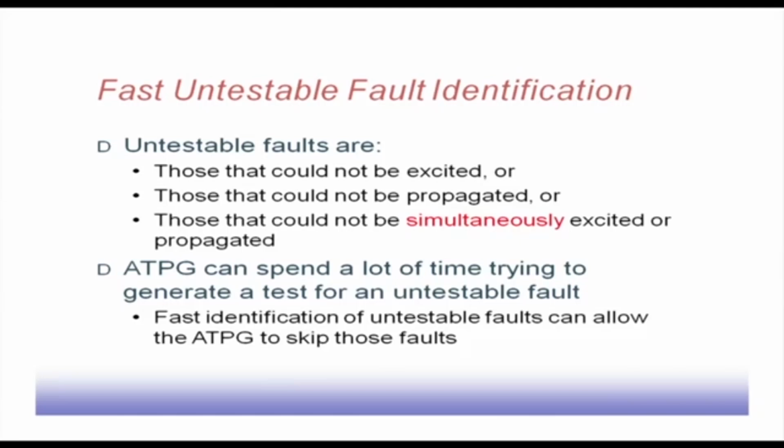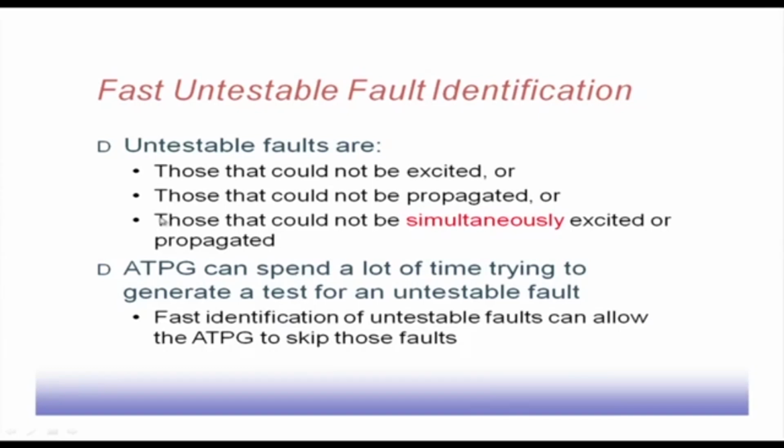This is a wastage of the test generation effort. So, we need to identify the untestable faults. If we can do this identification fast, it is going to help the test generation process. In fact, any ATPG algorithm you run reports which are the untestable faults in the circuit, so it definitely does some analysis to figure them out.